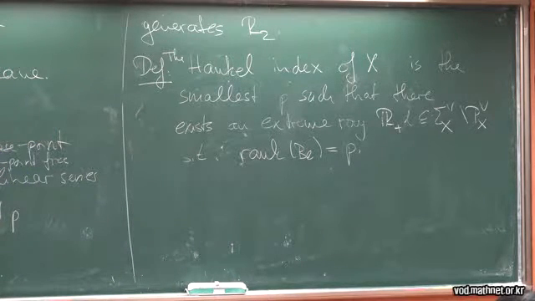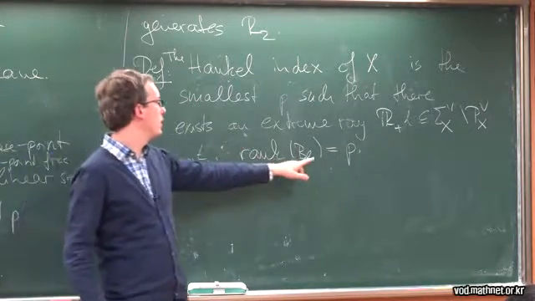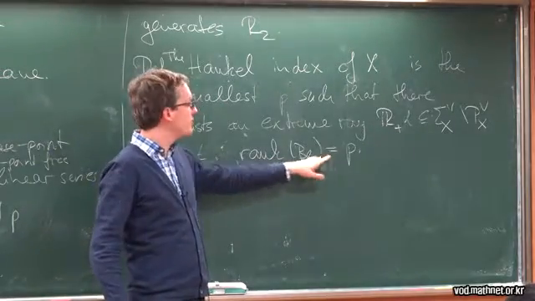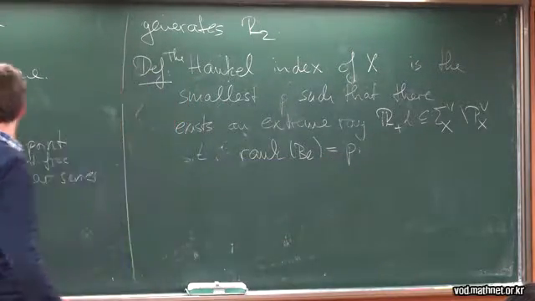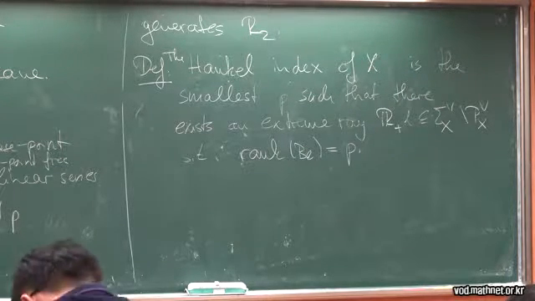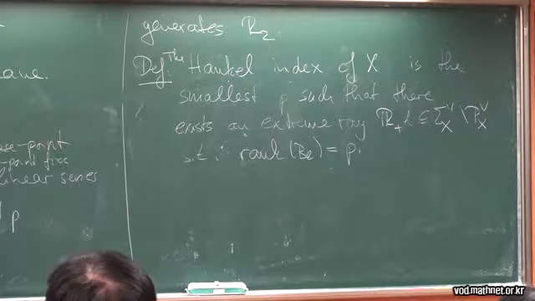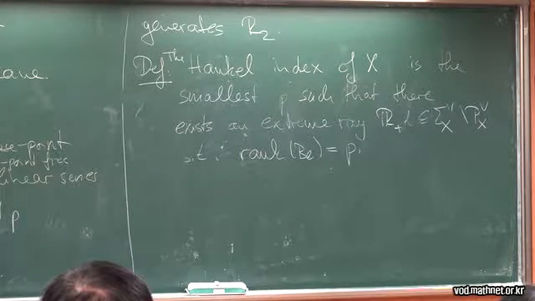So we would like these two numbers to be the same. Or I mean off by 1, not the same. If you have an extreme ray of rank p, it will produce a base point free linear series of codimension p, which will generate a hyperplane, and this should be off by 1 from the p base point free property.